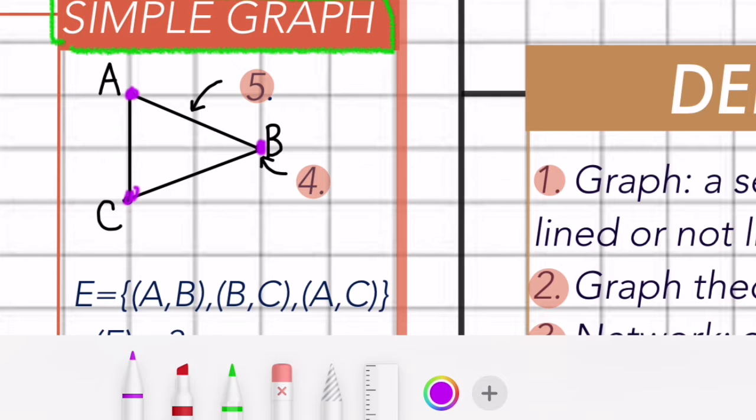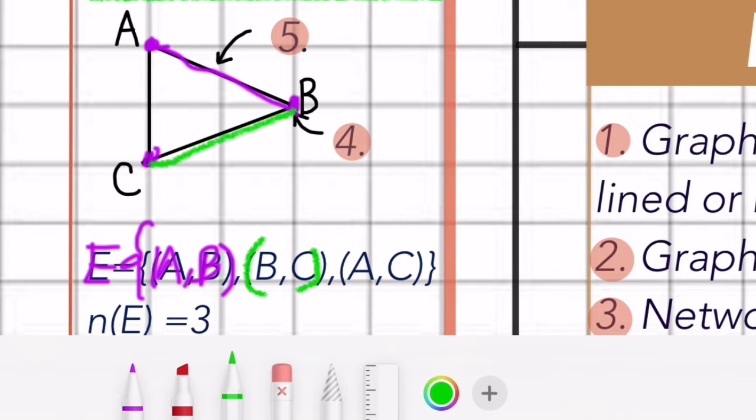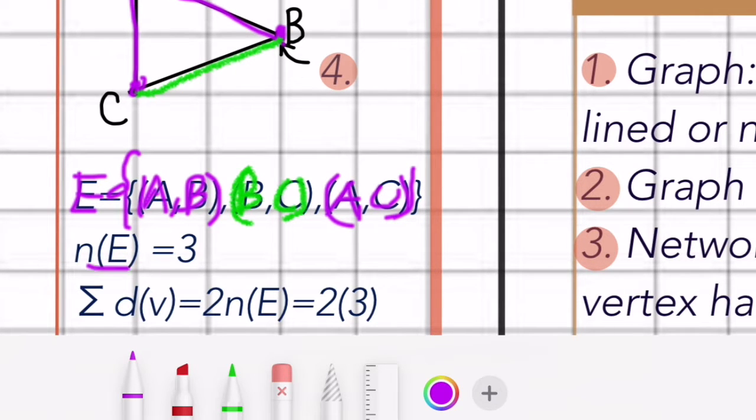For simple graph, we can represent in terms of the E equal to a set consists of A, comma B, make sure you write comma, edges, and then B, comma C, and finally we have A, comma C. So number of edges is 3.